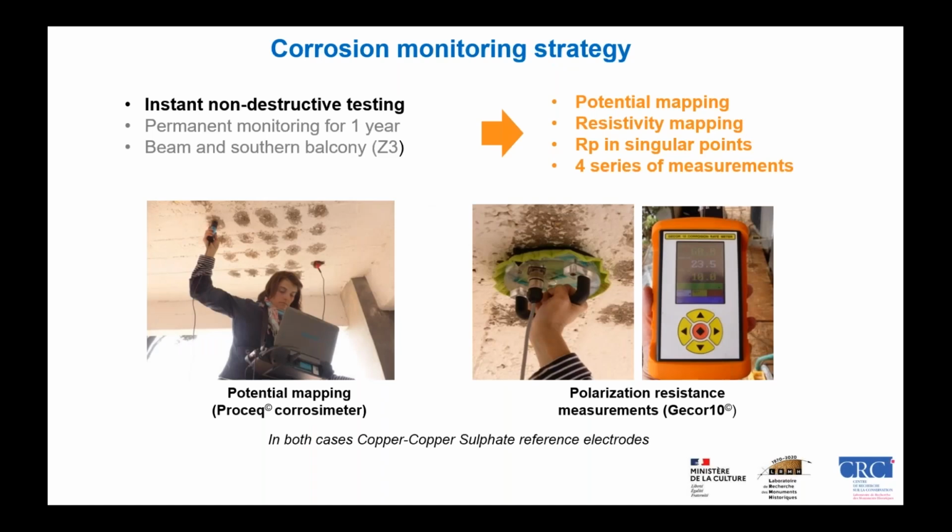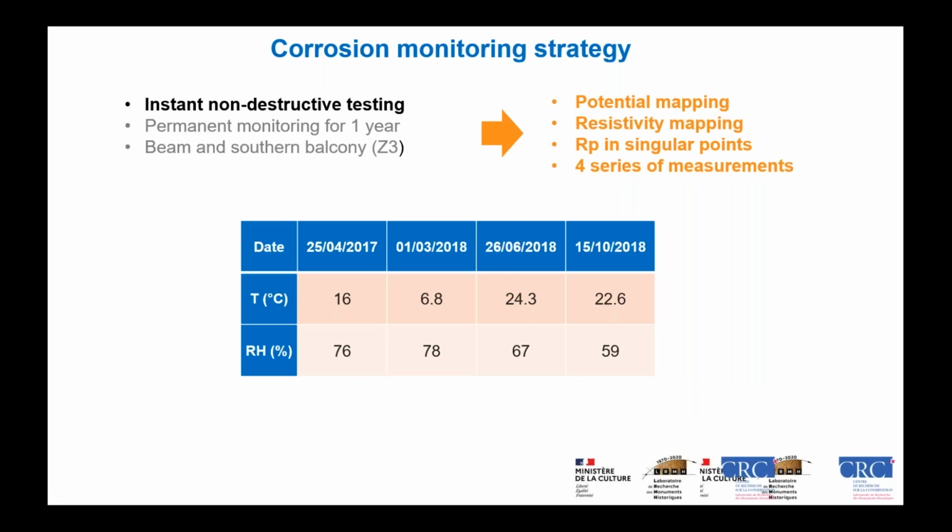implemented a corrosion monitoring strategy, mixing instant non-destructive testing, the standard ones with potential mapping, resistivity, and polarization resistance measurement, as you can see here, with 4 series of measurements at each season.